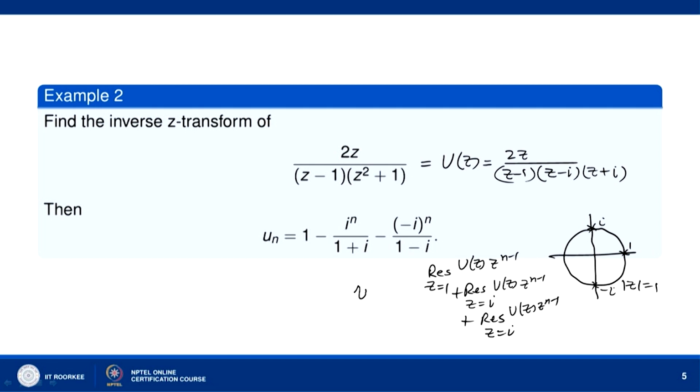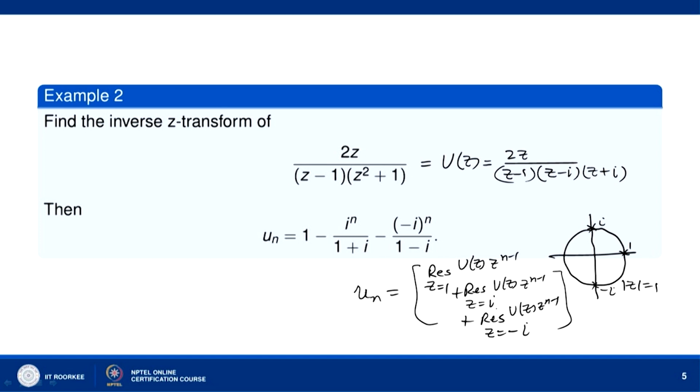So, then u(n) will be the sum of the residues of U(z) into z to the power n minus 1 at z equal to 1, z equal to i, and z equal to minus i.